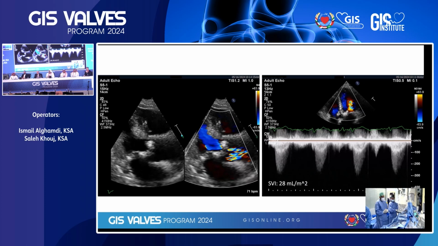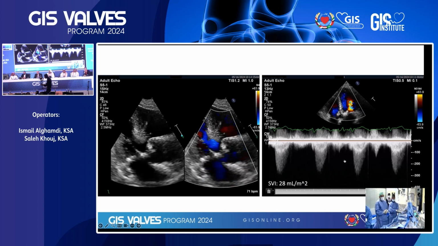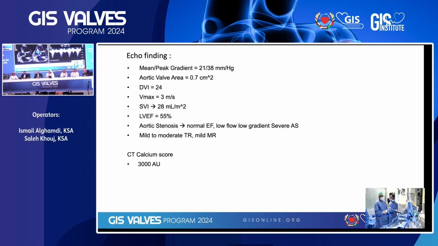Next. The aortic valve area is 0.7 centimeter squared and DVI 24. Maximum velocity was 3, stroke volume index 28 ml, and ejection fraction 55%. So he has normal ejection fraction with low flow, low gradient, severe AS, and his CT calcium score is 3000.